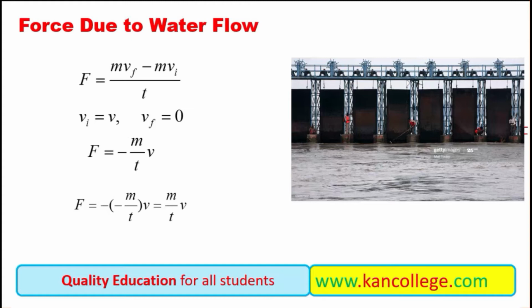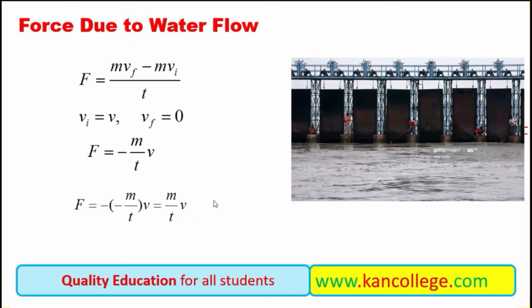This is the amount of force applied by the gate or the wall which is stopping the water flow. If we want to calculate the force applied by the flowing water, then it will be equal in magnitude but opposite in direction because of the action-reaction phenomenon.